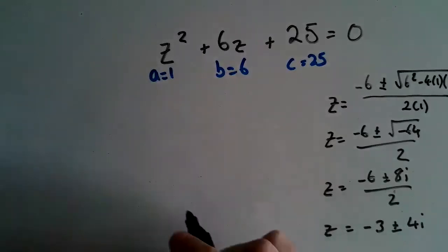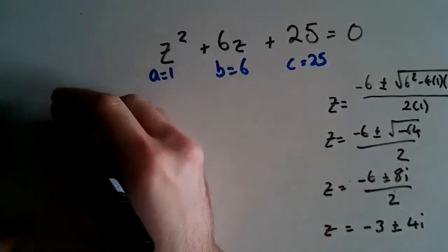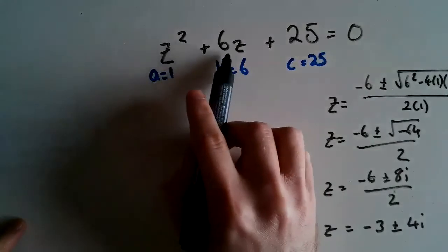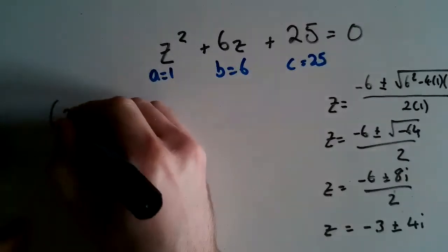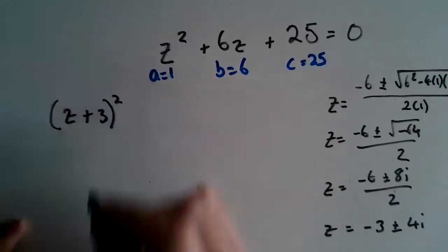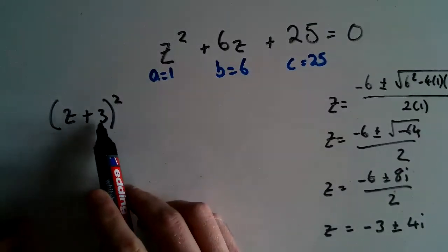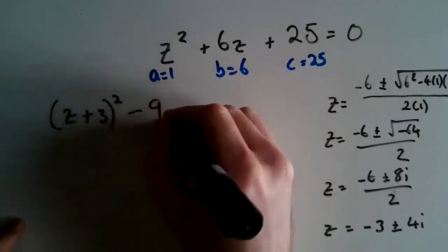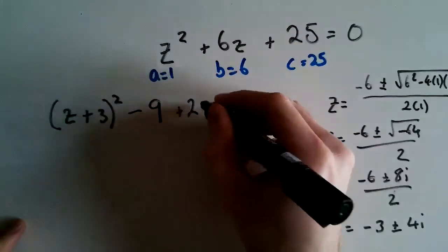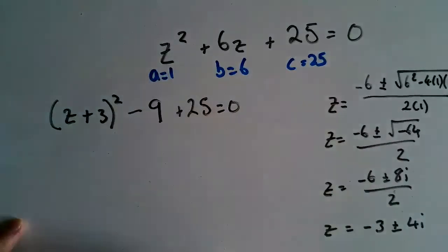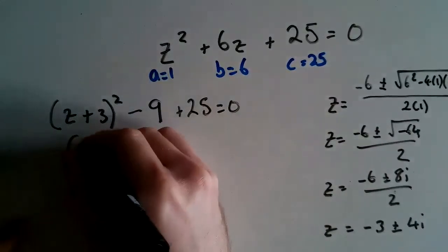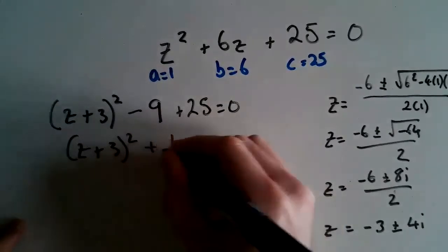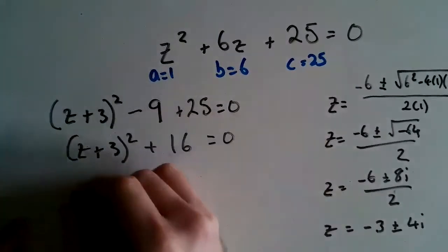Complete the square, like I said, I think I prefer that method a bit more. What I would do here is half the coefficient of the z, so z plus 3 in the square bracket. Now when I do that, I would get a plus 9 at the end, 3 squared, so I need to take away that 9, and I want 25 instead. Then I would simplify this a little bit, so z plus 3 squared plus 16 equals 0.